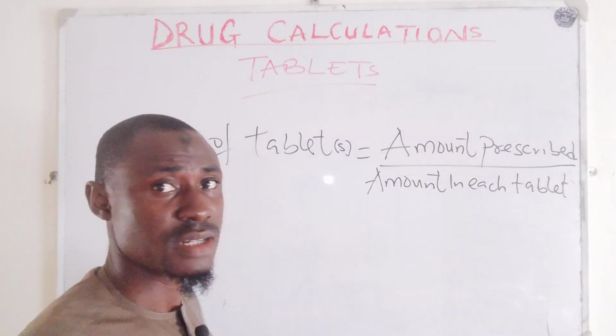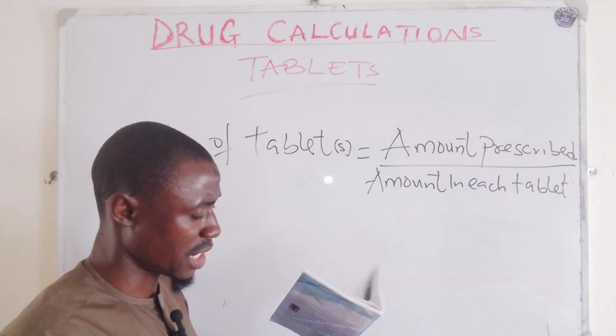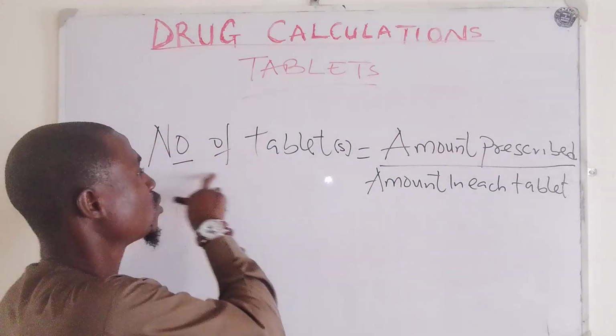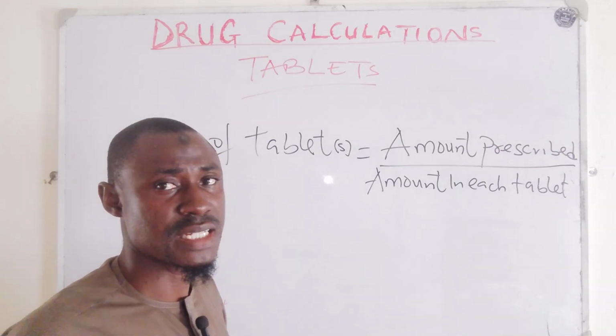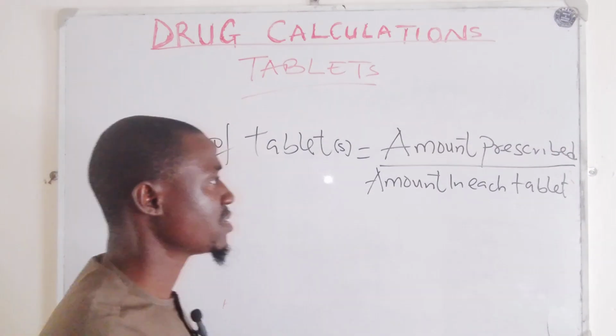So this is the formula that we can use to know the number of tablets you are going to remove when you are to administer any tablet to a patient.